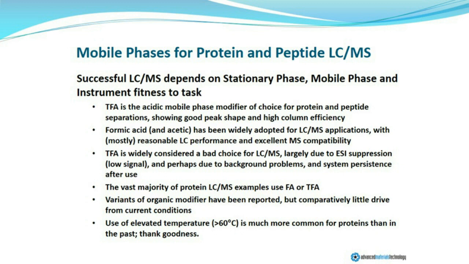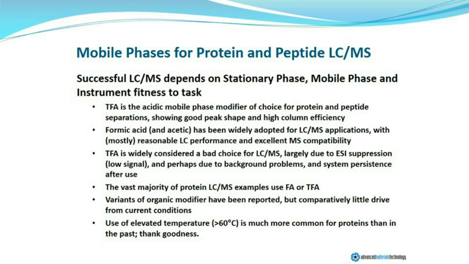And we'll go through some of the examples why that is the case in a moment. But we can compare this with the use of formic acid, which performs very well for LC-MS applications. So what I mean to say here is that we have this comparison between two different acids, one of which shows particularly good performance for the separation goals, and one that shows particularly good performance for the mass spectrometric goals.